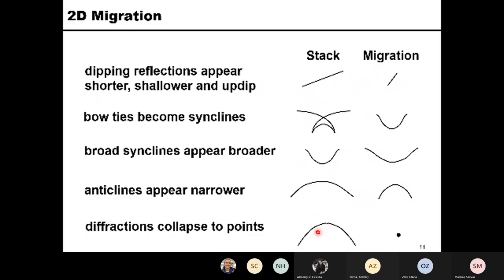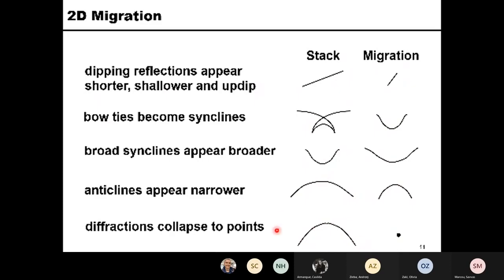For this perfect diffraction, perfect means it just follows some equations, right? And later, for this perfect diffraction, after migration it will become a dot. This one is very important because in one of the migration methods, you assume anything in your seismic profile is diffraction.